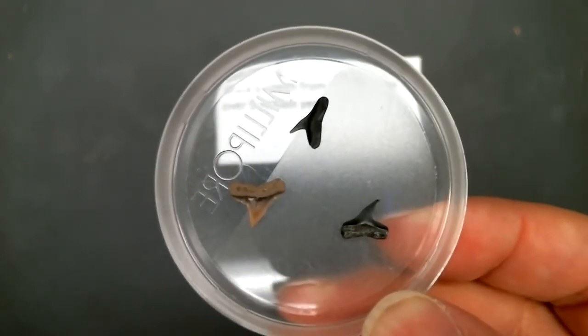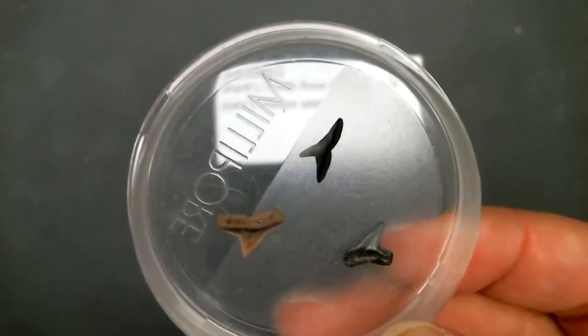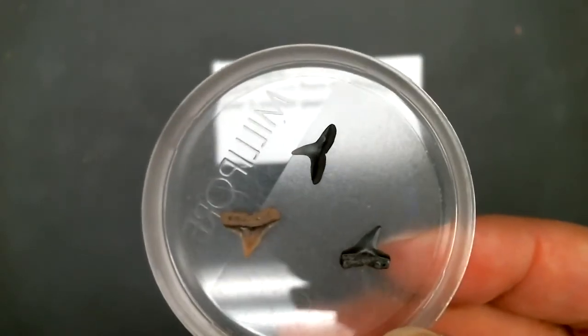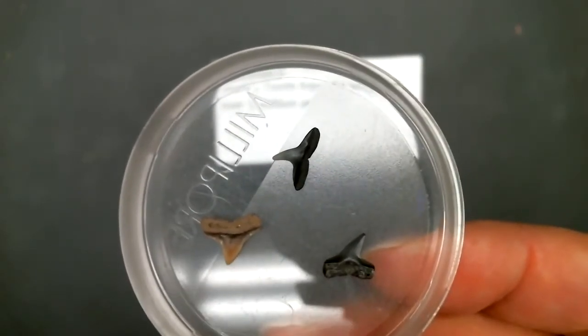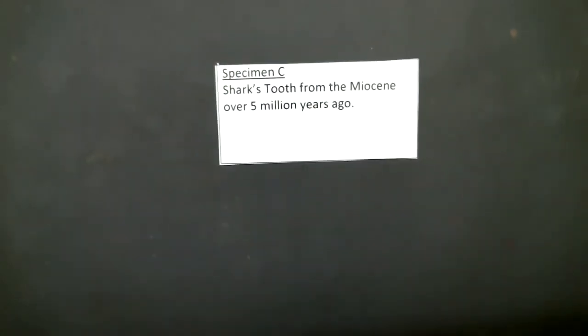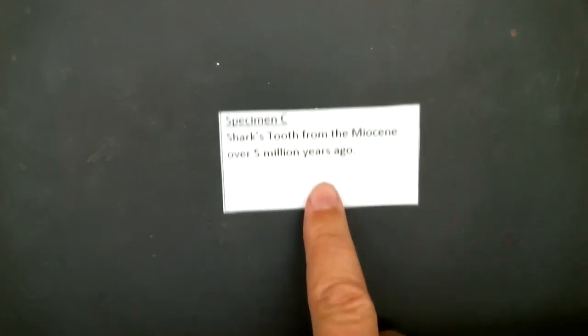Is this a fossil, evidence of past life? Or is it a trace fossil, evidence of the activity of an organism? Or is it a non-fossil, including pseudofossils, which look like fossils? Go ahead and classify that one.